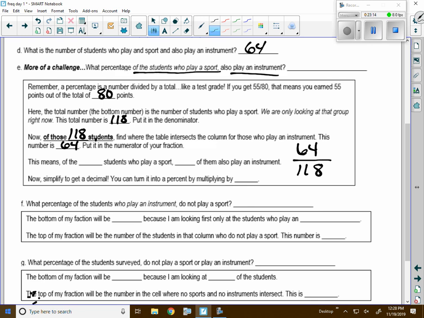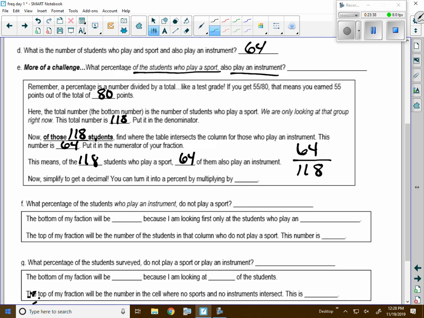Okay, this means of the 118 students that play a sport, 64 of them also play an instrument. Now we're not finding how many in the total amount of students, we're just finding how many within playing a sport also play that instrument.